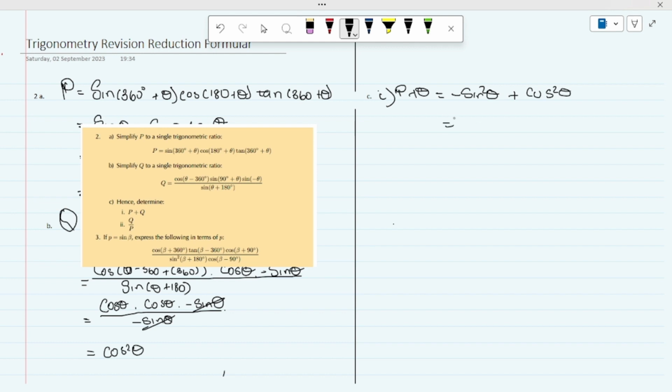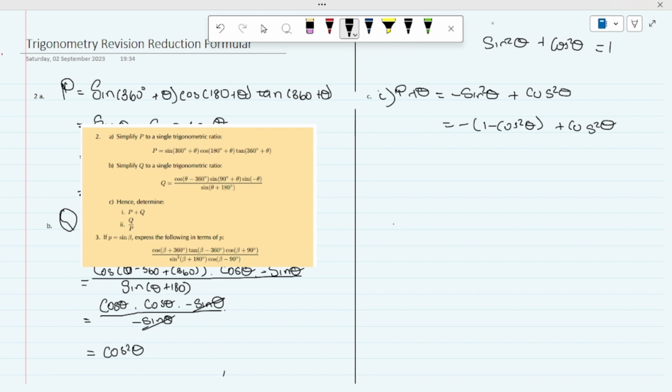So it's gonna be minus sine squared theta plus cos squared theta. Guys, these are identities. Sine squared theta plus cos squared theta is equals to 1. These are identities. You need to know these identities, guys.